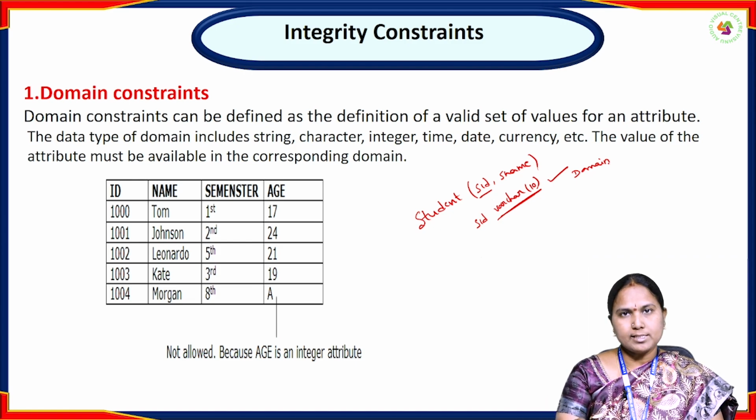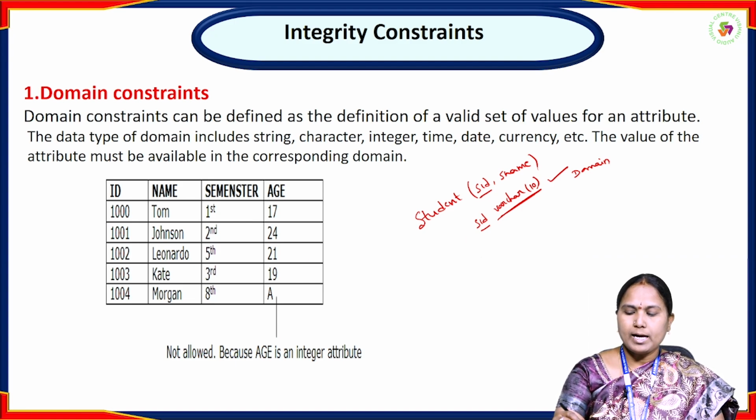The domain constraint says that only values of the data type mentioned for that particular column are acceptable. The set of values we insert must be of the respective data type. Normally string, character, number, and date are the different data types. The value of the attribute must be available in the corresponding domain.